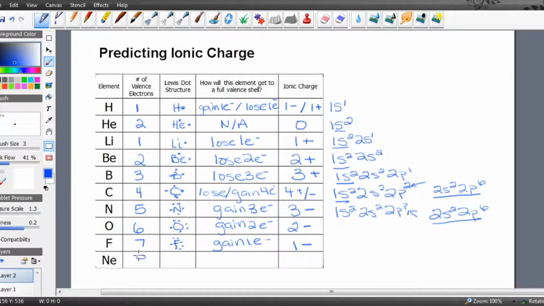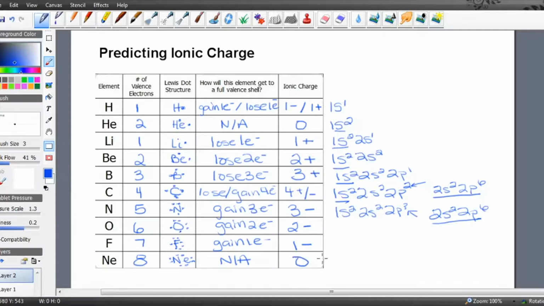Neon is in group 8. 8 valence electrons. So as you can imagine, just like helium, it's already stable. It is not going to do anything.